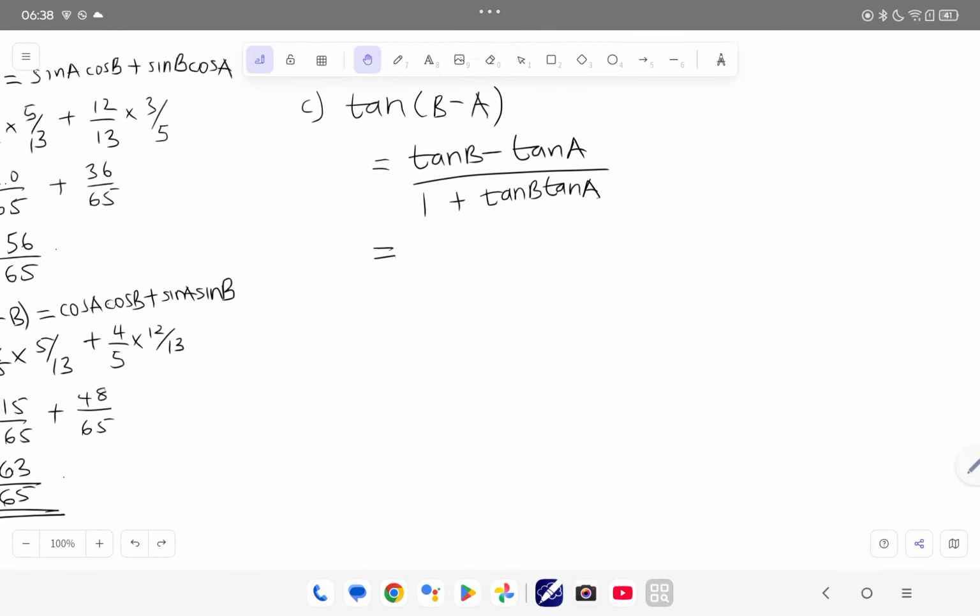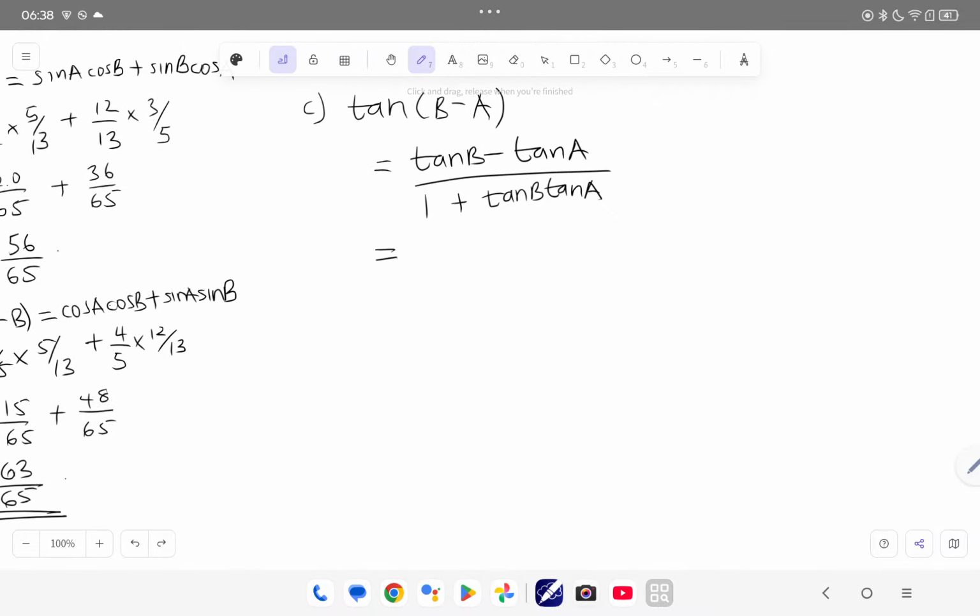Tan B is 12 out of 5, then tan A is 4 out of 3, out of 1 plus 12 out of 5 times 4 out of 3.